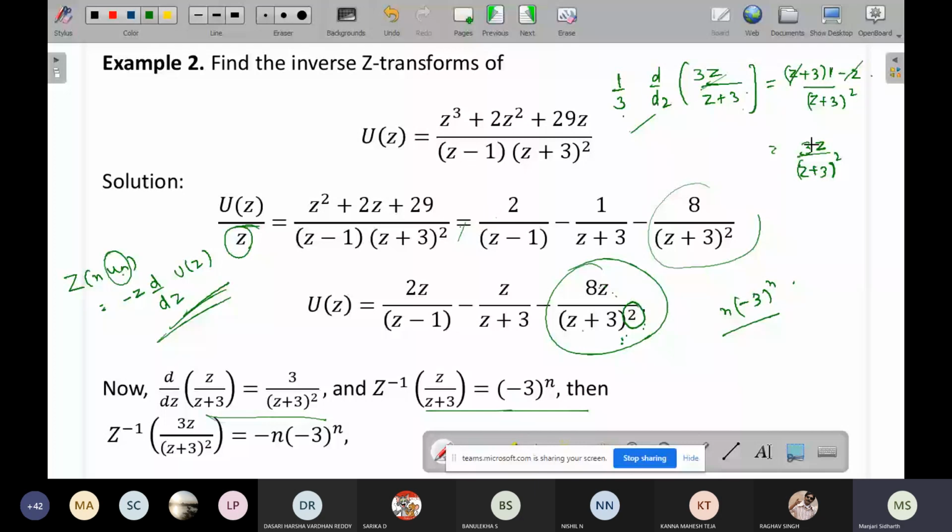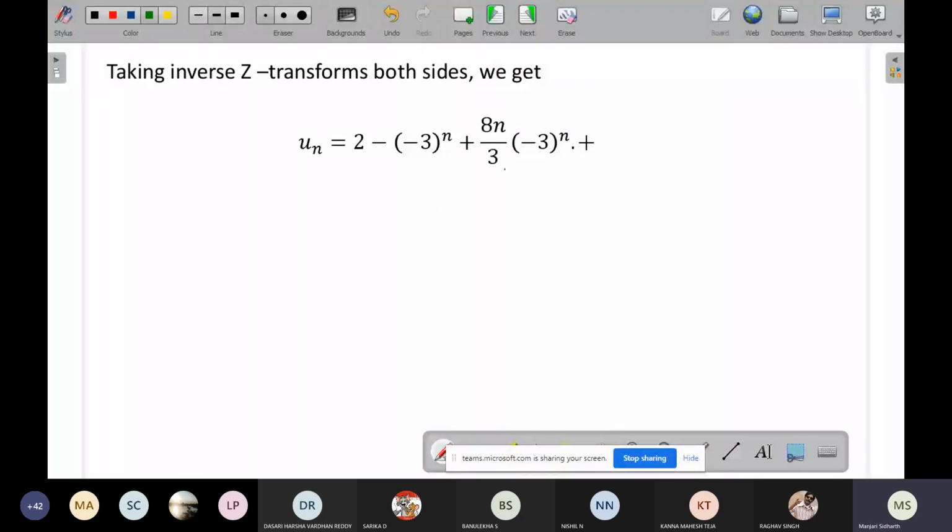So if you take z inverse of 3z by z plus 3, you will get this, but here 8z, right? So we just multiply and divide by 8. See here, 8 by 3 and minus 3. Just use the multiplication by n and then take the derivative. Okay, you will get the answer.